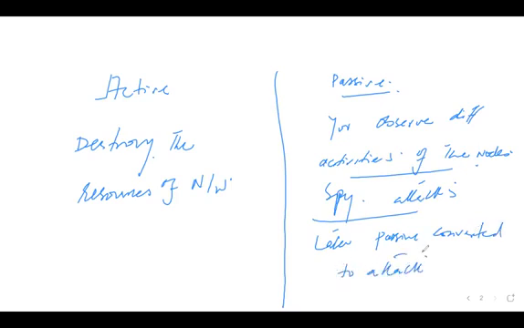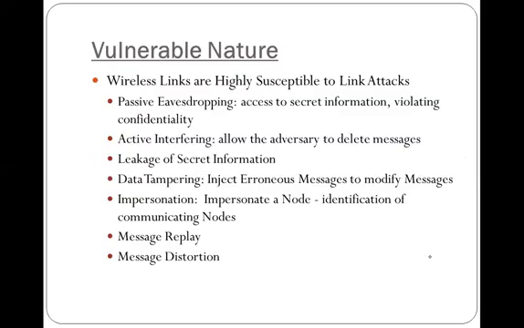So initially it is a passive attack, and later on it is converted to an active attack, and it starts destruction of user information, user resources, user data, and some other things.